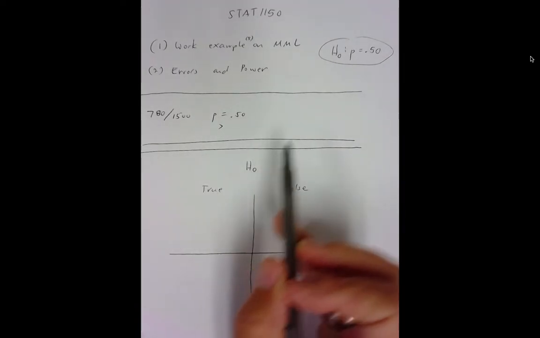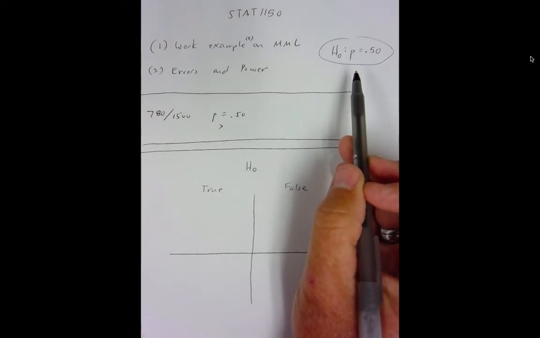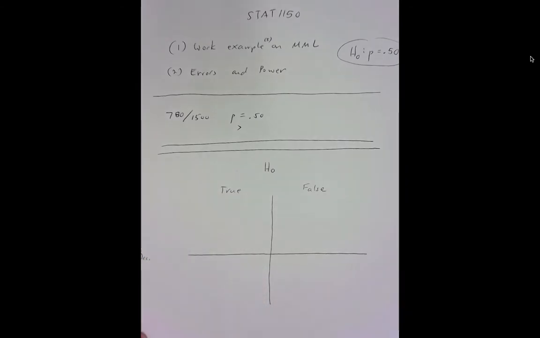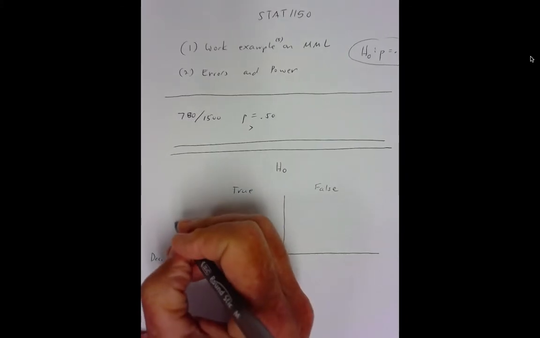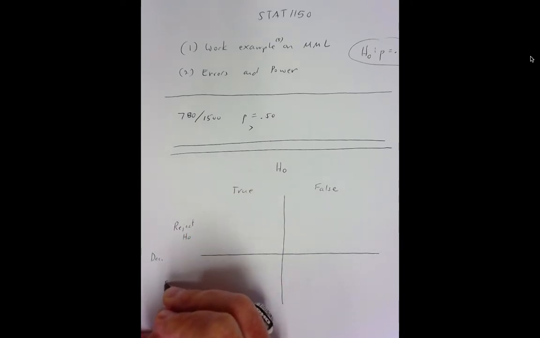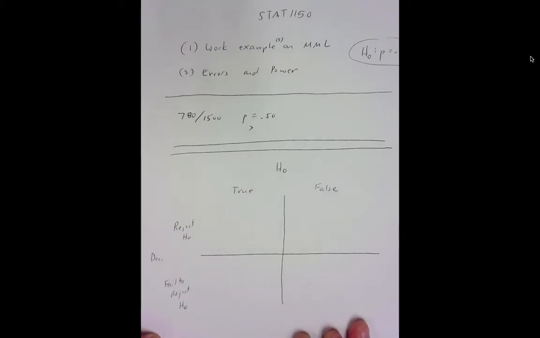So that statement we can think of as either being true or false. The decision that we end up making is either to reject H sub O or fail to reject H sub O.